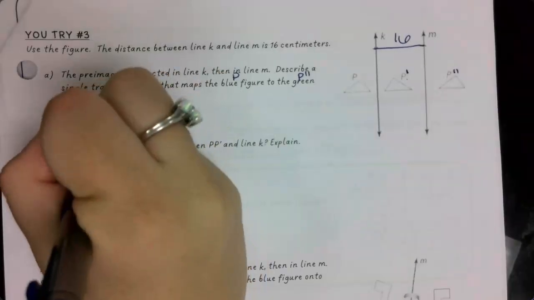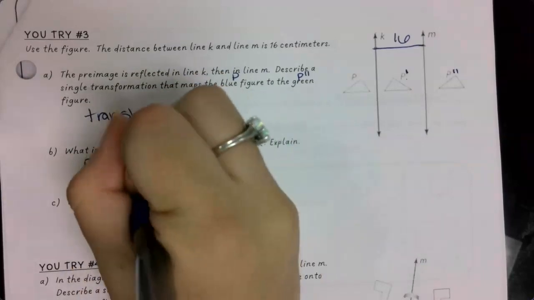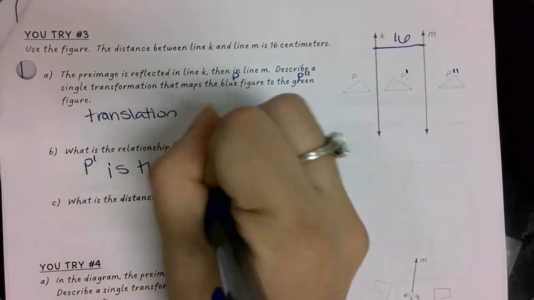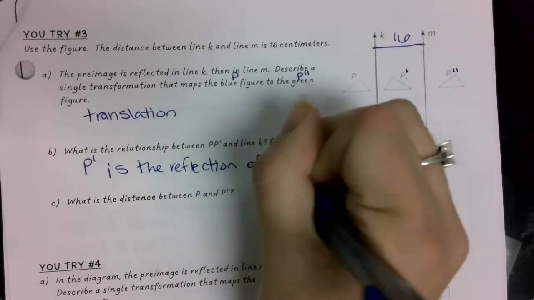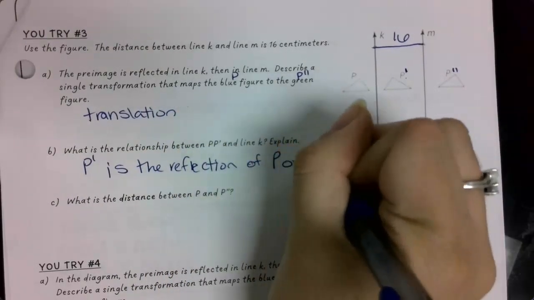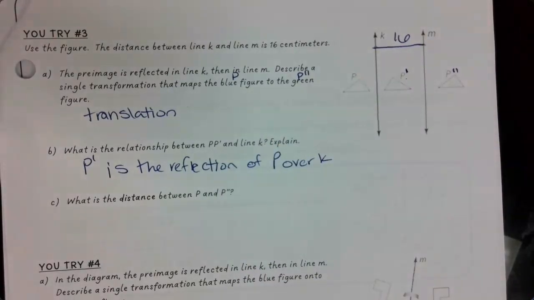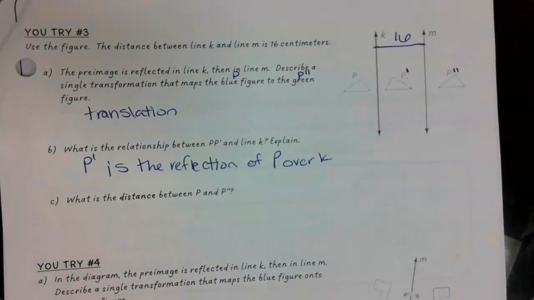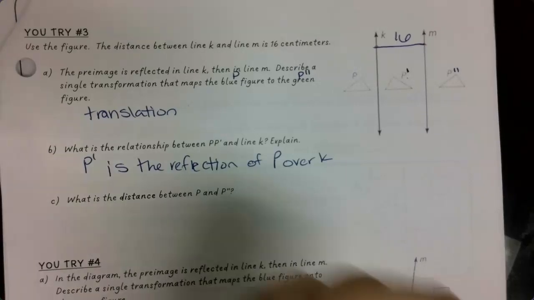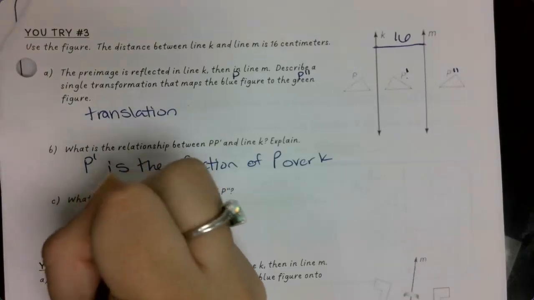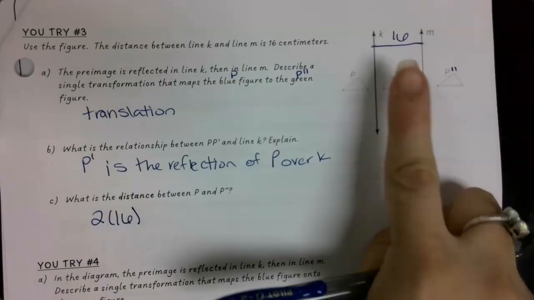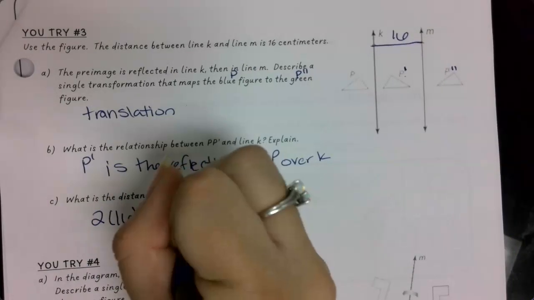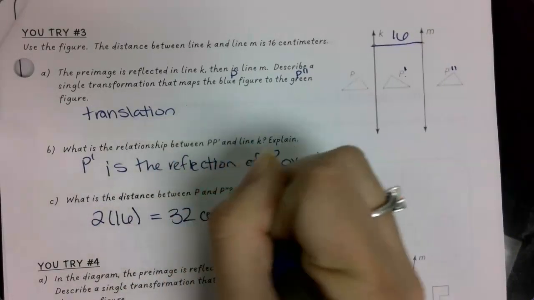So P prime is the reflection of P over K. Okay, and then C is what is the distance between P and P double prime. This is the theorem we learned at the top of the back page. So I just take 2 times the distance in between, so 2 times 16, which gives me 32 centimeters.